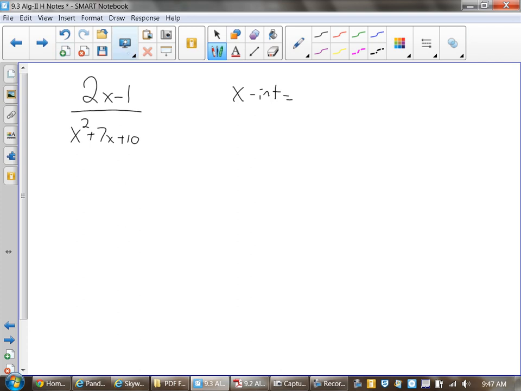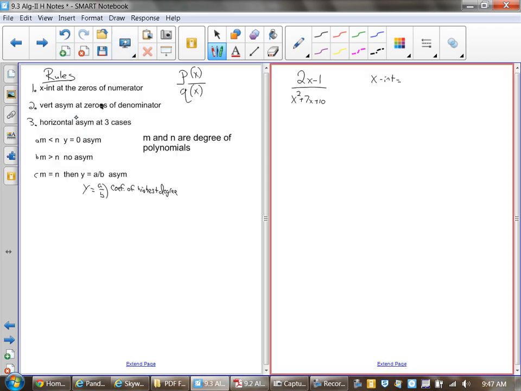So let's take a look at how this sets up. When you have a setup where they're going to give you an idea to graph, you always start these things kind of the same way. You're always going to start by labeling out all the parts that you can find. If I'm looking at 2x minus 1 over x squared plus 7x plus 10, I start with the first question. Does this have any x-intercepts?